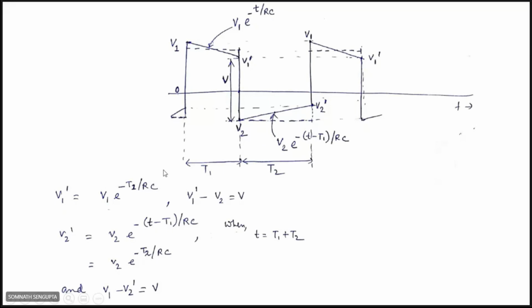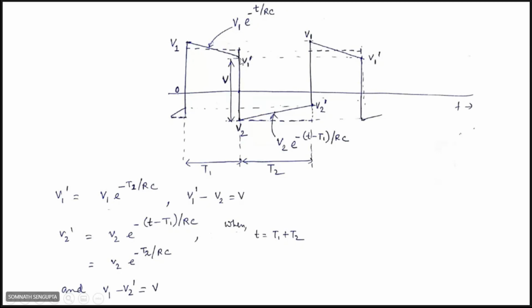Then due to decay of the waveform, since we are taking across resistance, it will have this relation: V1 dash is equal to V1 into e to the power minus t by RC. So at t is equal to T1, it is V1 into e to the power minus T1 by RC.